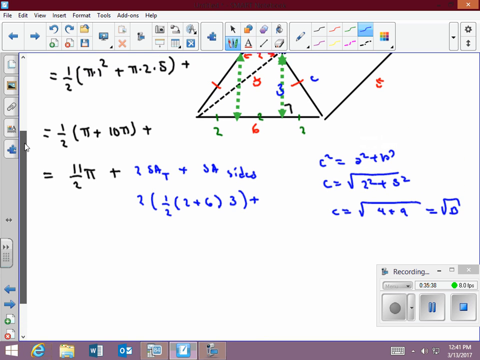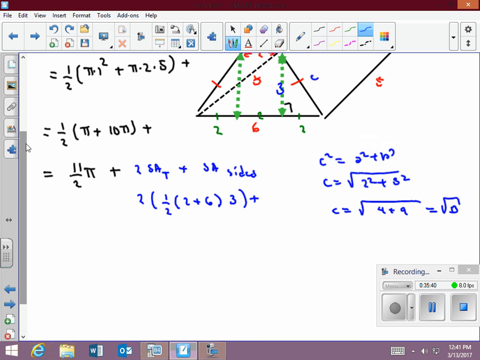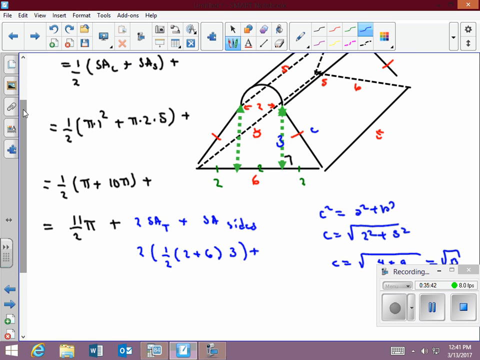So we're going to calculate the surface area of these sides, this one and this one back here, and this bottom. But it's not the perimeter, it's only this side summed with this one, summed with this one, times that height of 5.